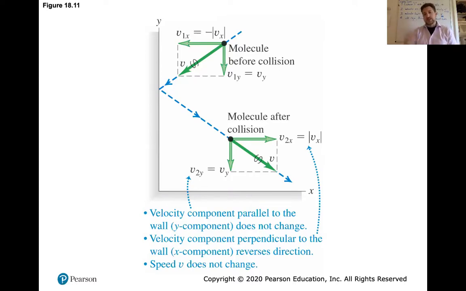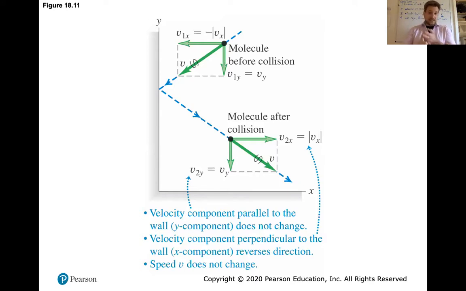Horizontally, in the x direction, in order to keep the energy that we have, our speed needs to be the same before and after the collision, because there's no potential energy to worry about, and we can't throw any energy through the wall. It's got to stay here with this molecule. We've said that the vertical component is already the same.